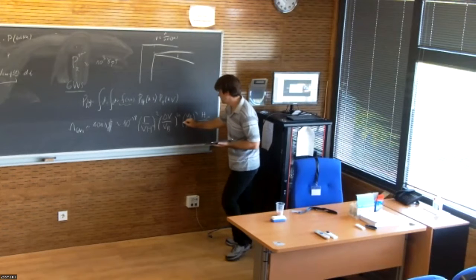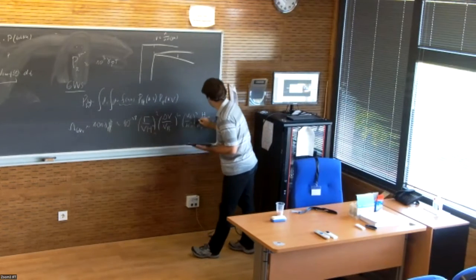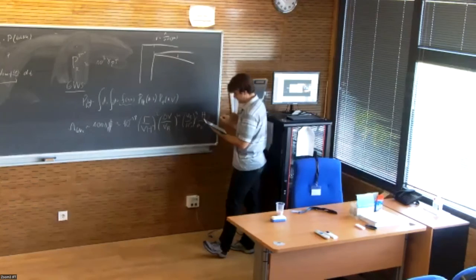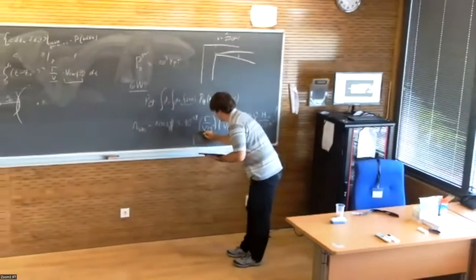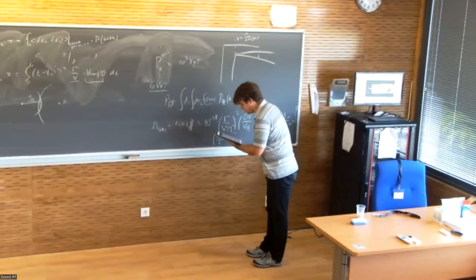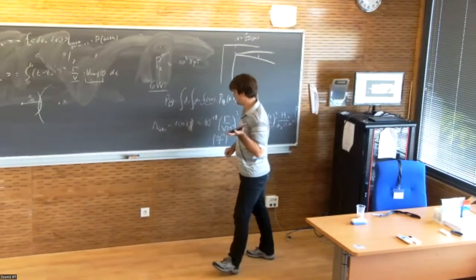Okay, h everywhere is h inflation, and this is to the 8th power, and one more factor, 10 to the minus 3 epsilon slow roll to the 10 to the 4.